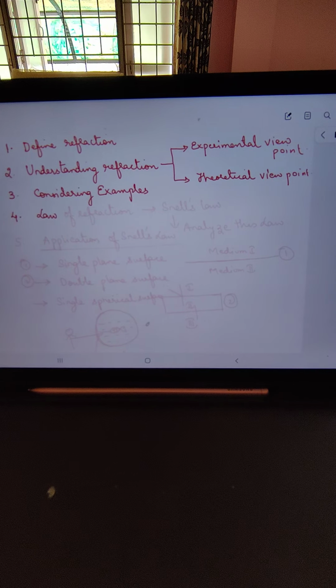So next you have this law of refraction, which is also called Snell's law. Now we need to analyze this first.